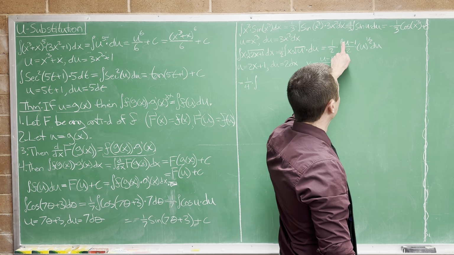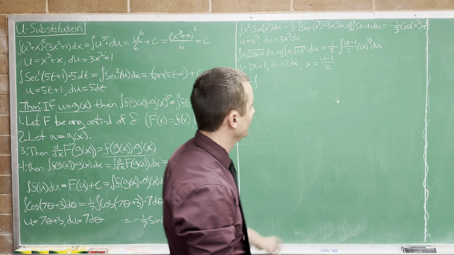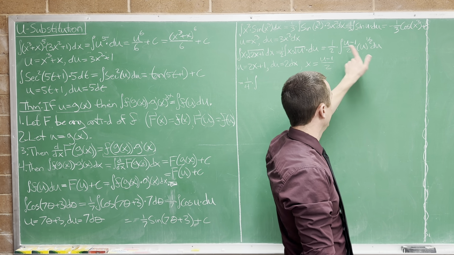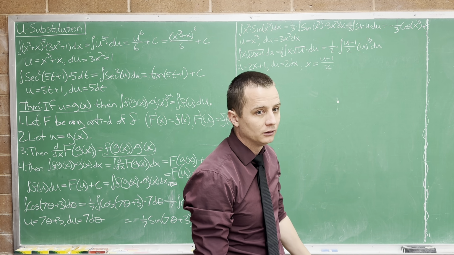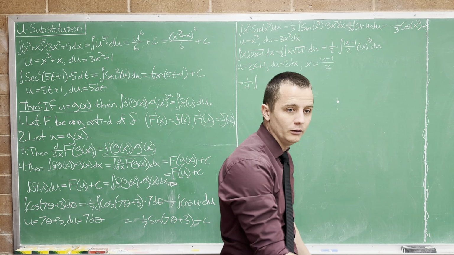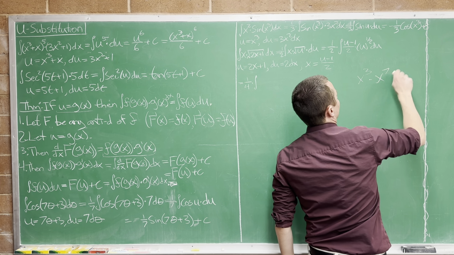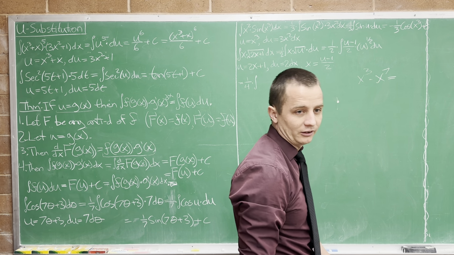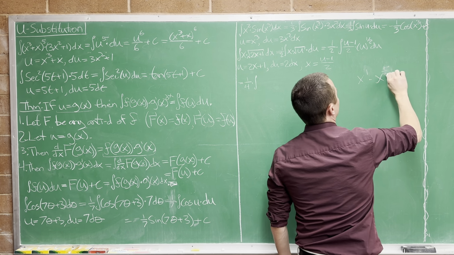Now, what is u times u to the 1/2? Let's distribute this through. I need to multiply that to that and multiply that to that. So u to the 1 times u to the 1/2. What is x³ times x to the 7 equal to? x to the 10. What is x to the 1 times x to the 1/2 equal to? x to 3 halves.